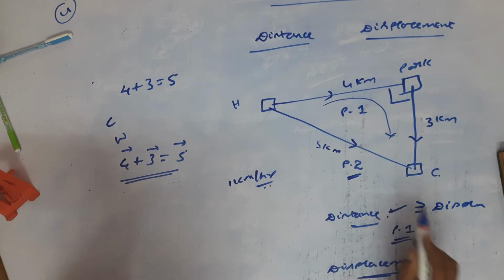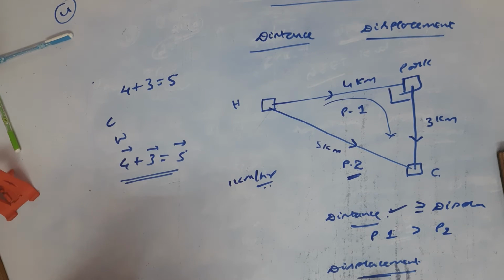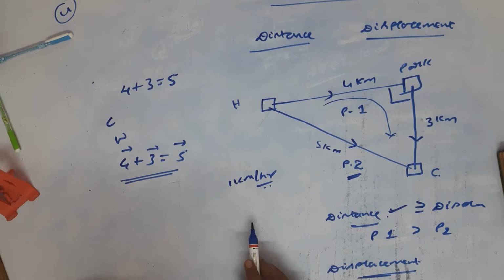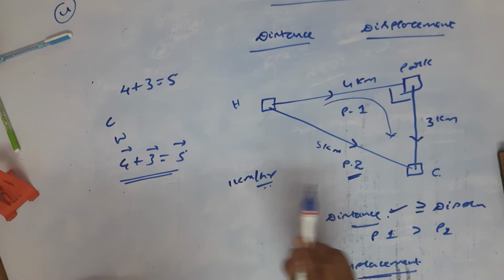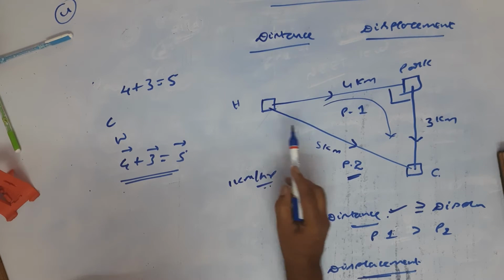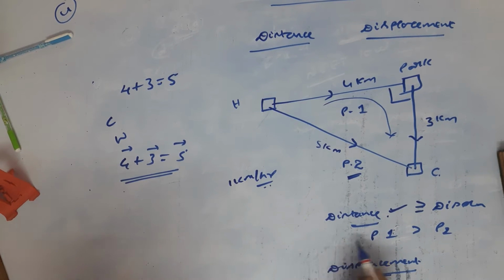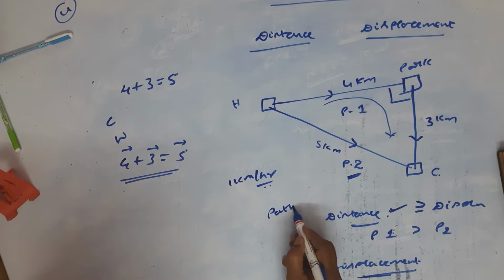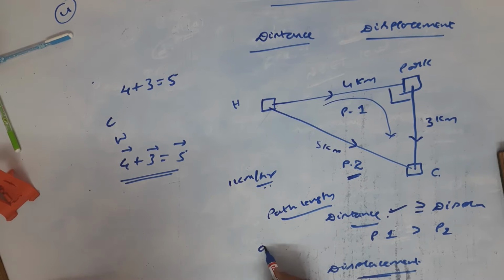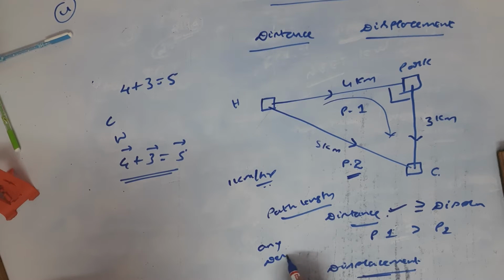So here you have to notice that P1 is greater than P2. Distance does not have a direction, but displacement has a particular direction. So remember, distance is nothing but path length along any desired path.